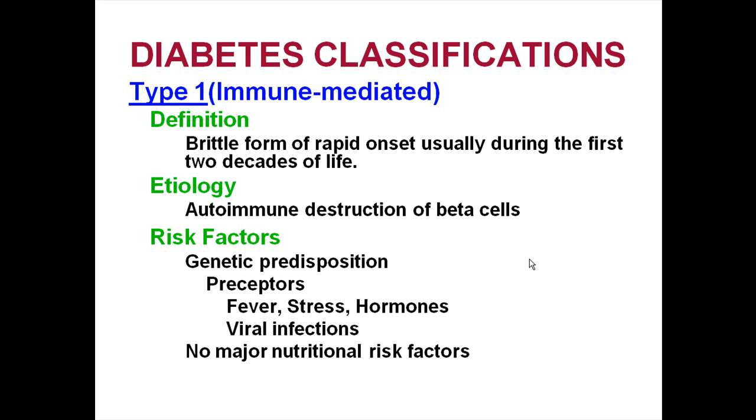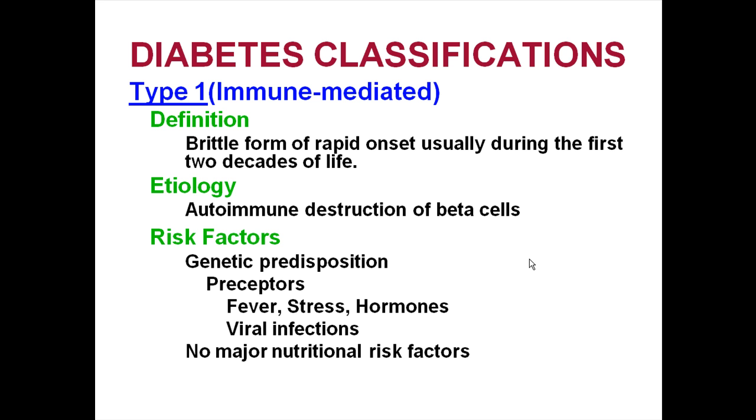But it seems that the virus will be latent unless there is what's called a precipitator, where you get sickness or a fever or stress or hormones, something happens to jog your immune system, and then all of a sudden it goes kind of berserk and starts destroying the cells with the virus in them.